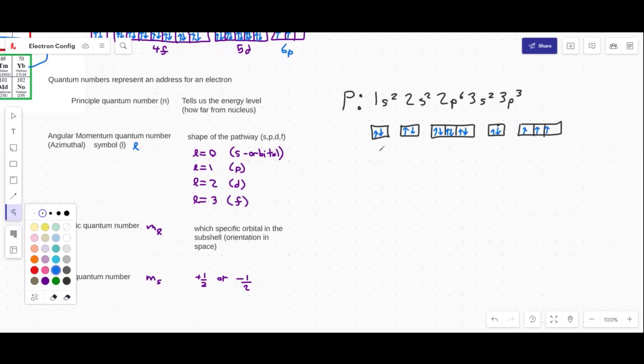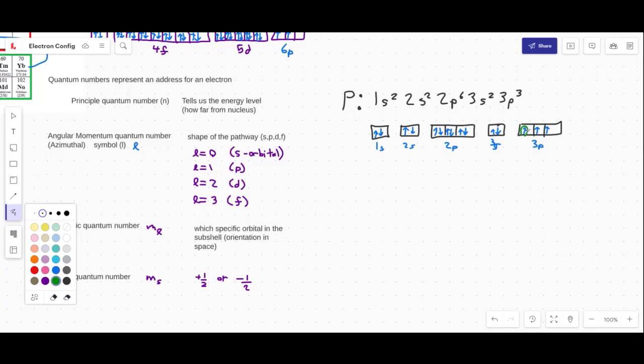So this is your 1s, 2s, 2p, 3s, and 3p. So I would like to go ahead and take a look at one of these electrons and let's assign quantum numbers to it.